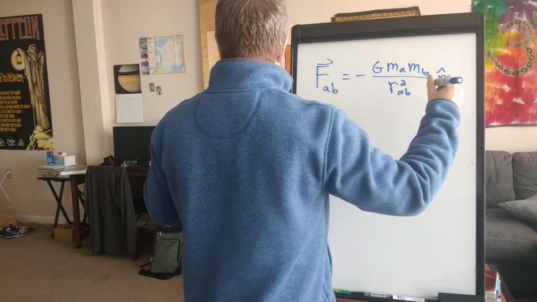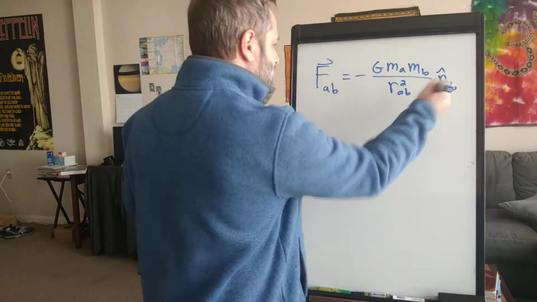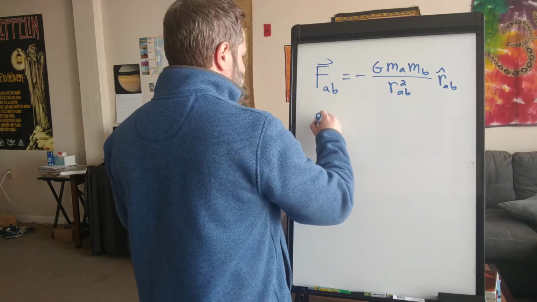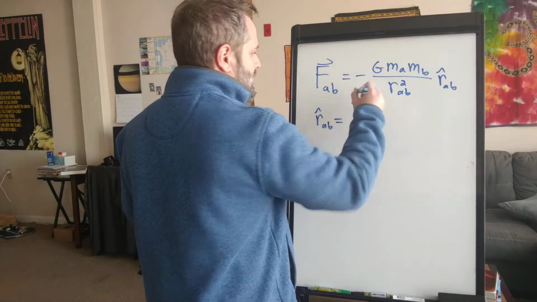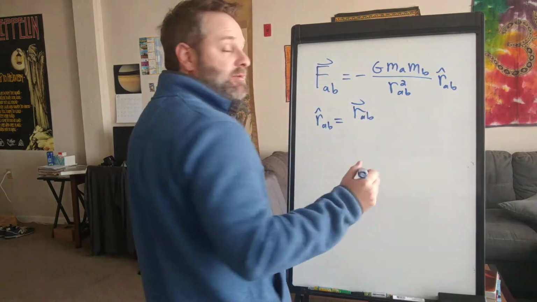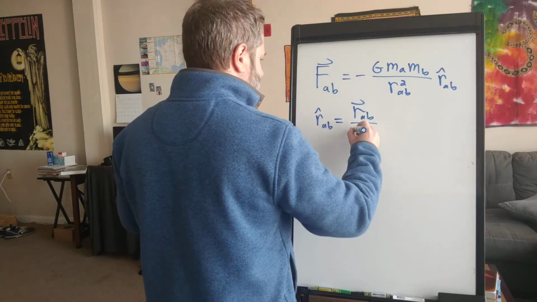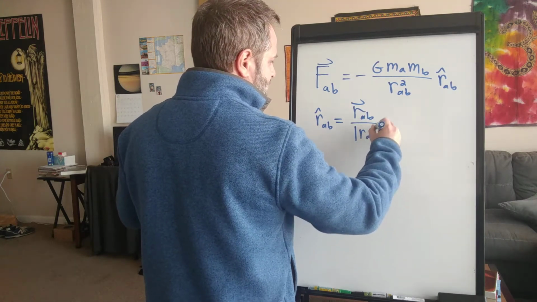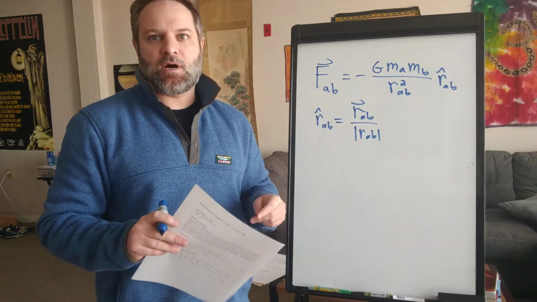And I'm going to put in a unit vector that points from A to B. Okay? So that unit vector, if we wanted to define that more concretely, r_AB hat, that would be the full vector that points between two objects divided by the absolute value of that vector. So this guy just points along the direction between two objects.